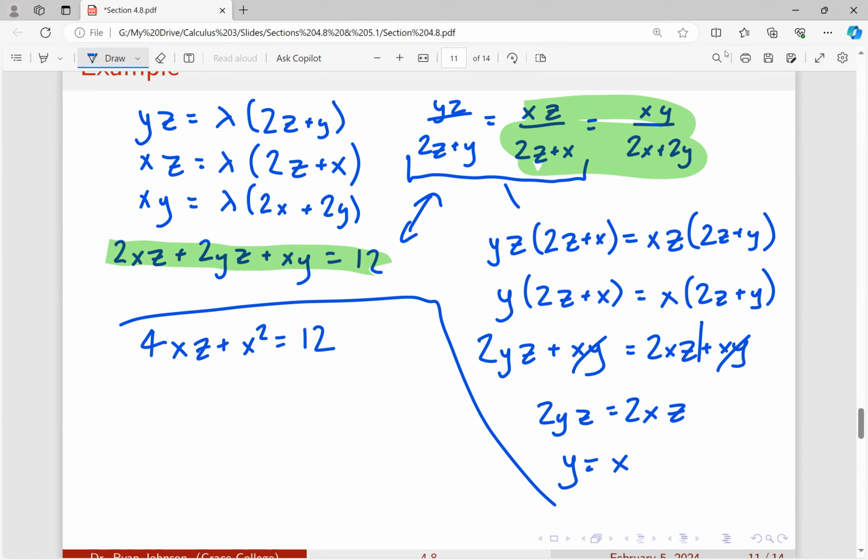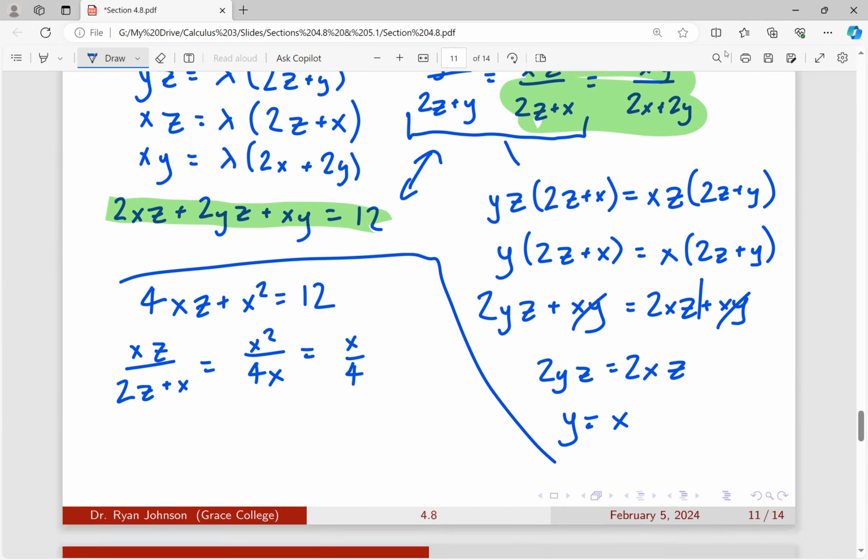So we rewrite that one, and then rewrite the other one as xz over 2z plus x equals x squared over 4x. In other words, that's just x over 4, because x can't be 0 because we're talking about volume. We can't have a 0 width.